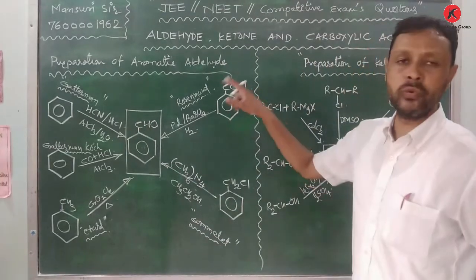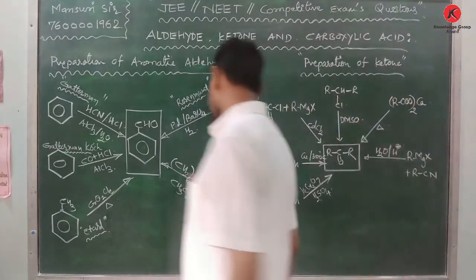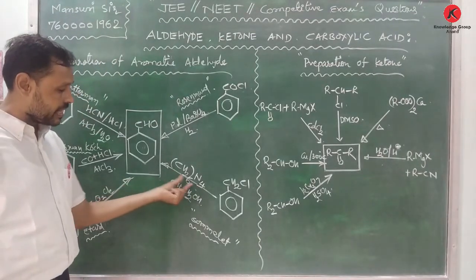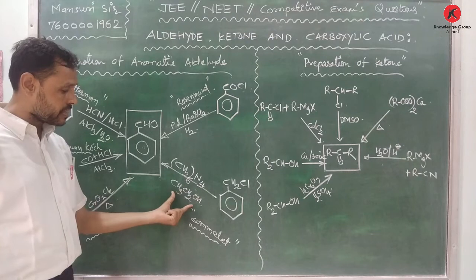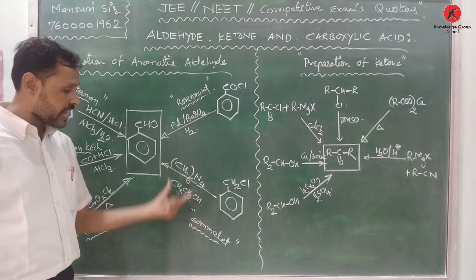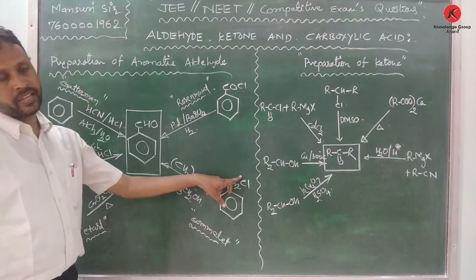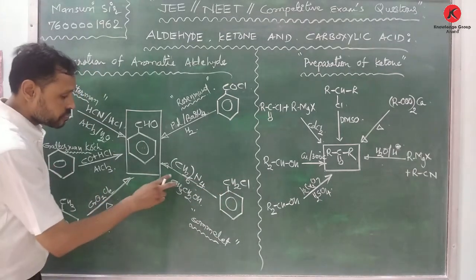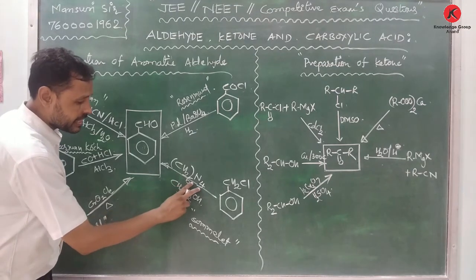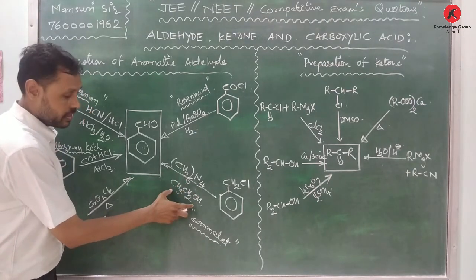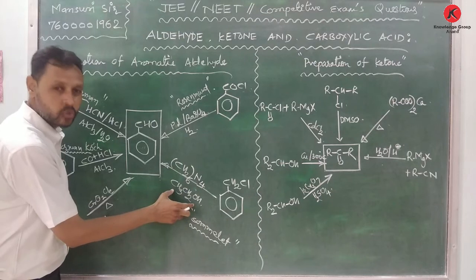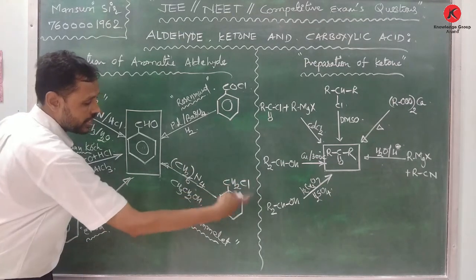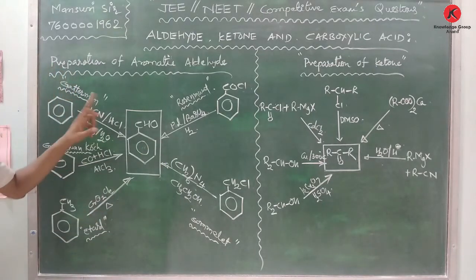This is the Rosenmund reaction. Now, when hexamethylenetetramine in presence of ethanol solvent reacts with benzyl chloride, then it forms benzaldehyde.